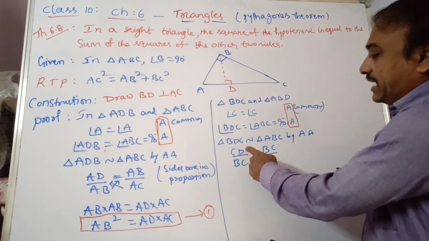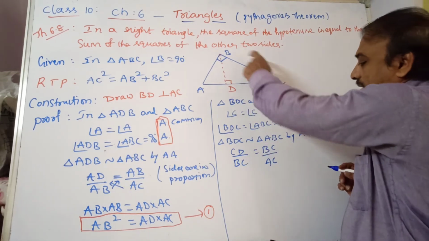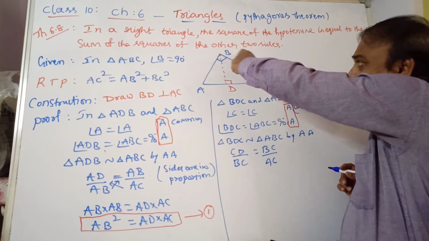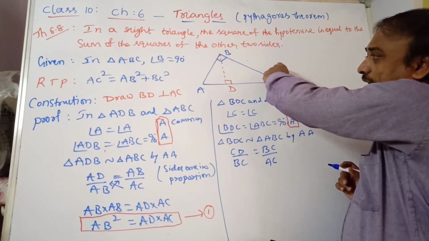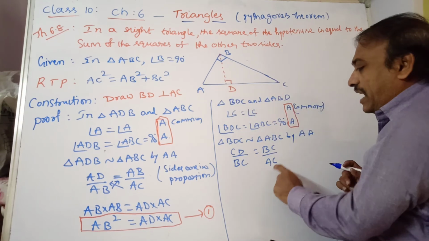Now observe it: CD by BC is equal to BC by AC, where BC is the side of the bigger triangle corresponding to the hypotenuse, and AC is the hypotenuse.